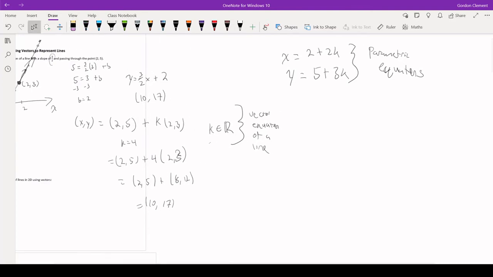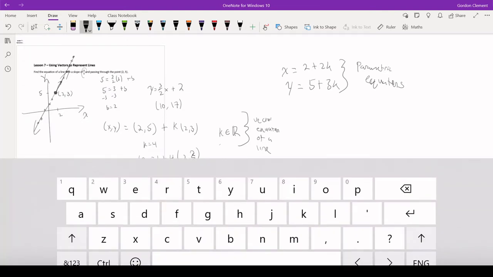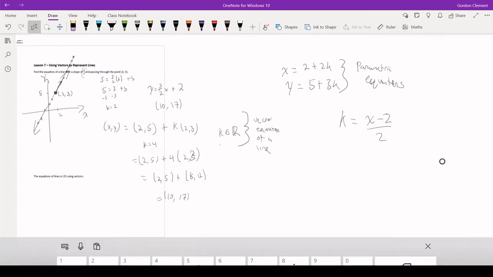And then the last type of 2D equation using vectors is basically you take both of those parametric equations and rearrange them for k. So you get k equals (x minus 2) divided by 2, from solving the x equation for k.